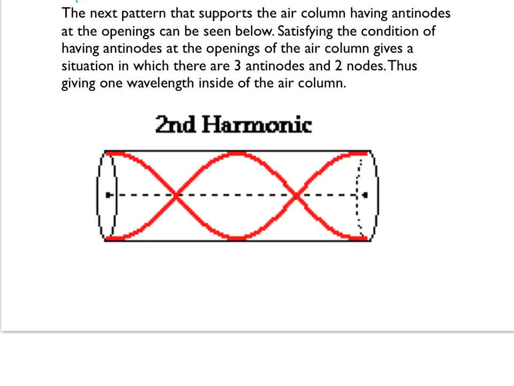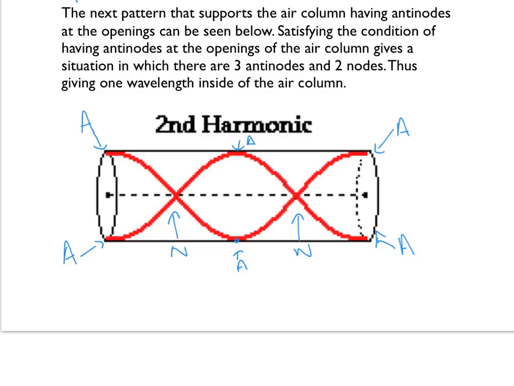In the next situation that we're going to be looking at, we have a slightly longer tube, and so our nodes are going to be here and here. Our antinodes, of course, are going to be at the ends because it's an open-air column. We also have some antinodes right here and here.